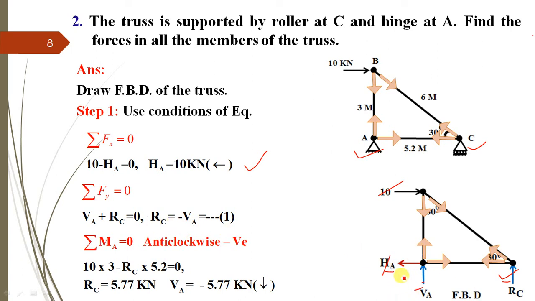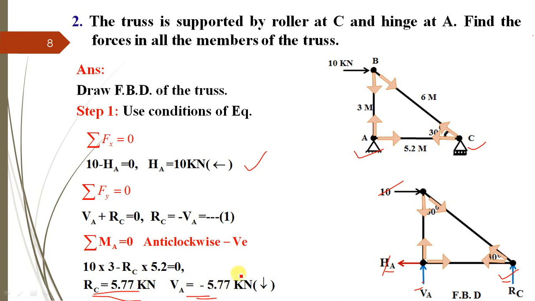Then apply the third condition of equilibrium, moment about A. RC into this distance of 5.2 will create a moment. So 10 into 3 is clockwise, and RC into 5.2 is anti-clockwise, so minus. So RC is equal to 5.77 kilonewton and VA is equal to minus 5.77 kilonewton after solving this equation.